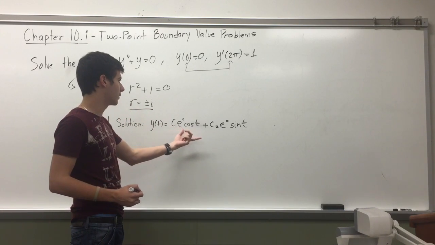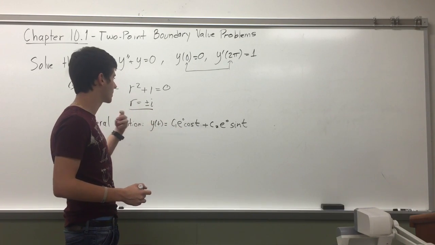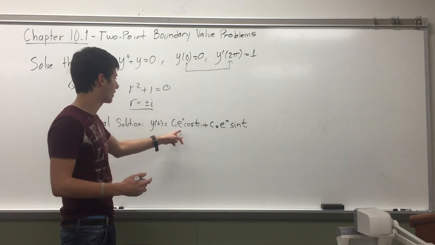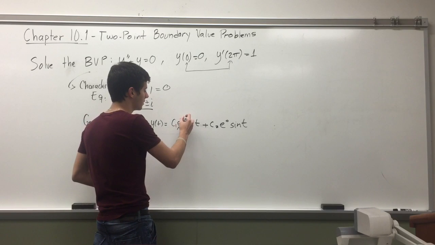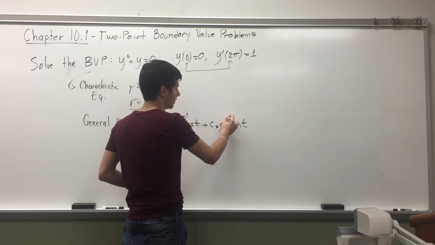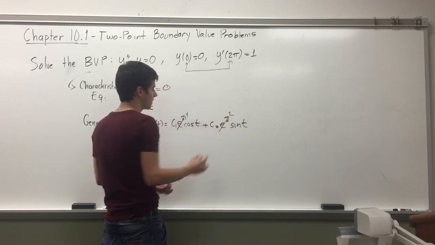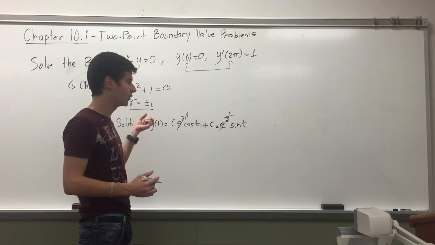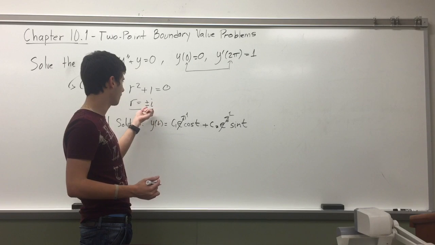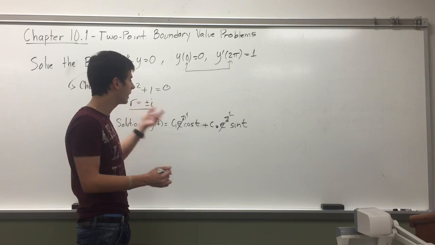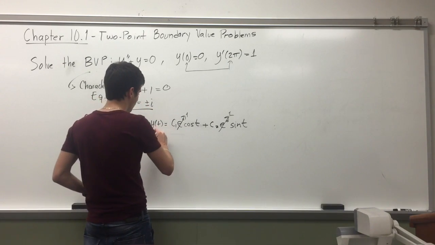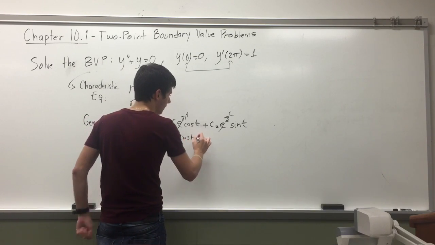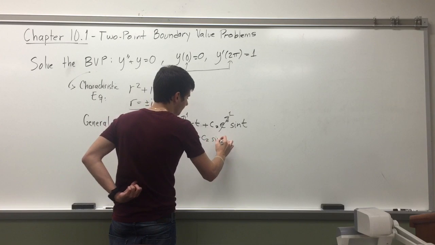I'm just putting this in case we do an example that does have a real part, so that we don't forget to put our e to the 0s. But since e to the 0 is just 1, this is going to go out. In this case, we only have our pure imaginary plus or minus i. So our general solution is C1 cosine of t plus C2 sine of t.